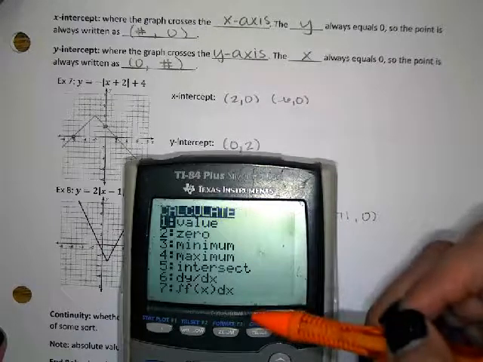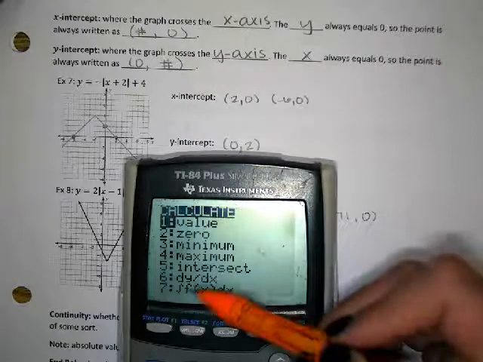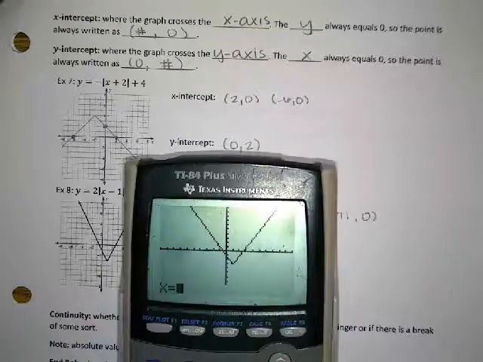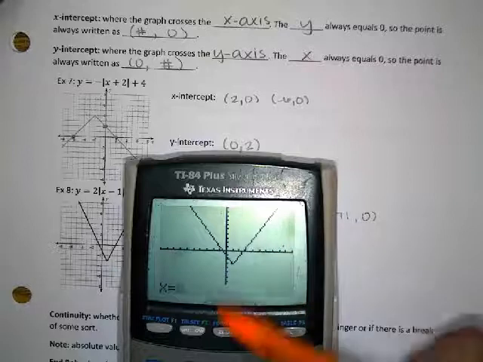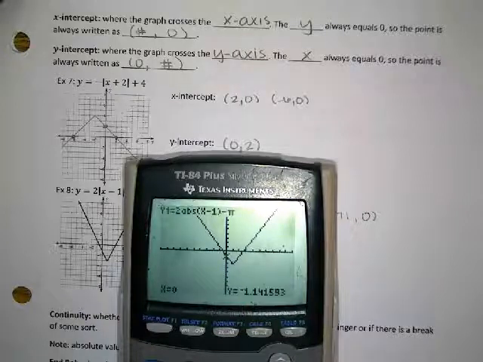So for me, I always just go back to this menu over and over. So I do second trace number 1, because number 1 lets you plug in values that you want to find the corresponding y value for. So the x value for a y-intercept is 0. And so I'm going to plug 0 in for x, and that gives me a y-intercept of negative 1.142.